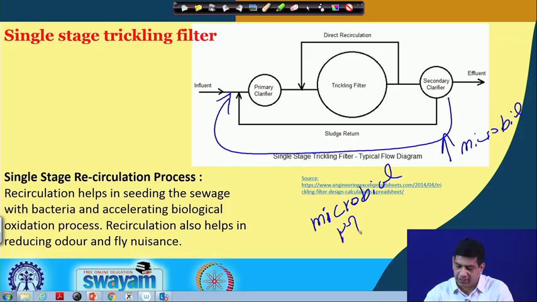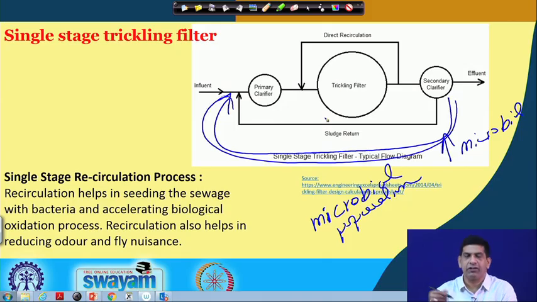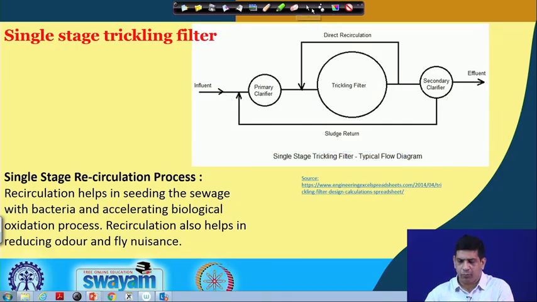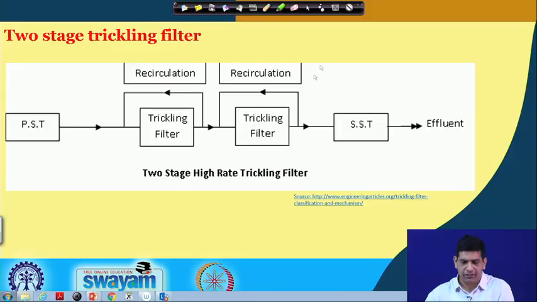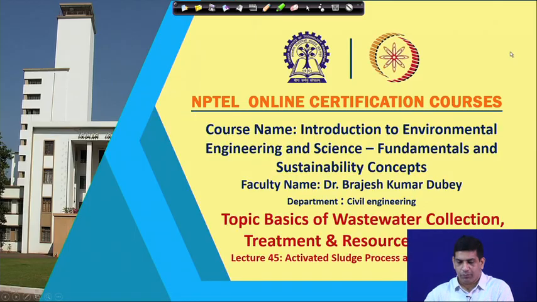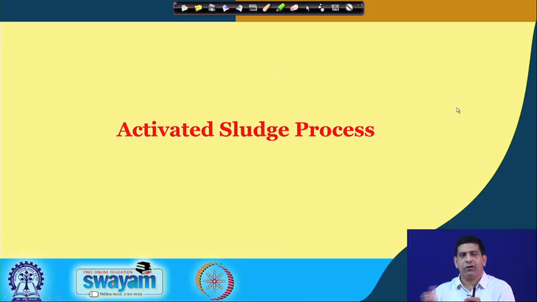We want this population back in here so that the reaction will be faster. We want these microbes to be present in a good population. In a two stage system, you can again have recirculation within the first trickling filter, then the second trickling filter. Then we focus on this sludge.